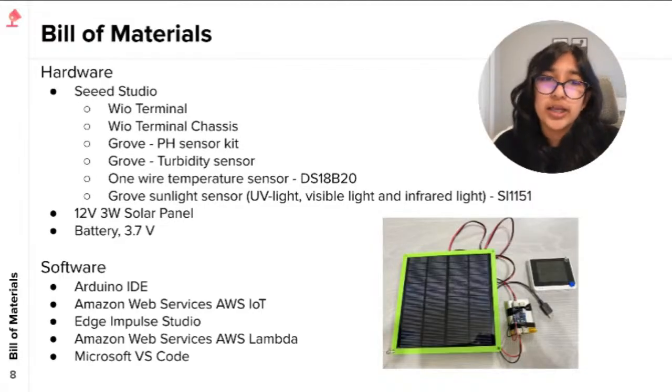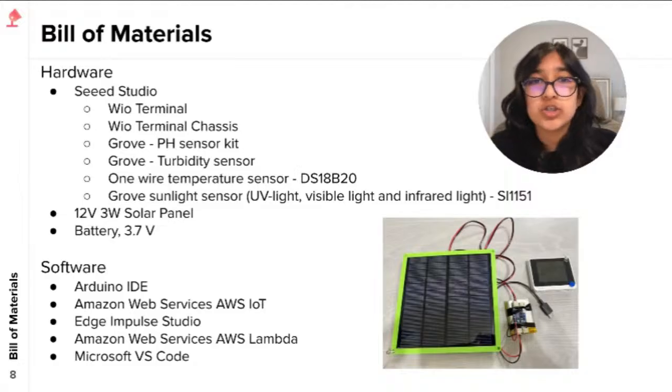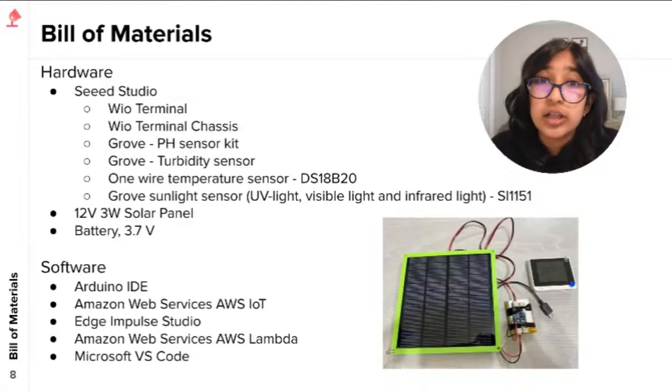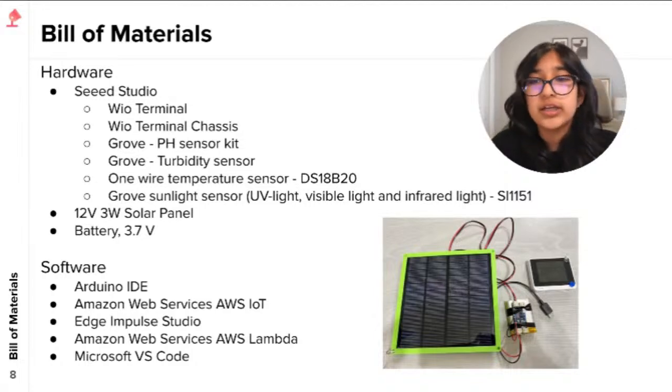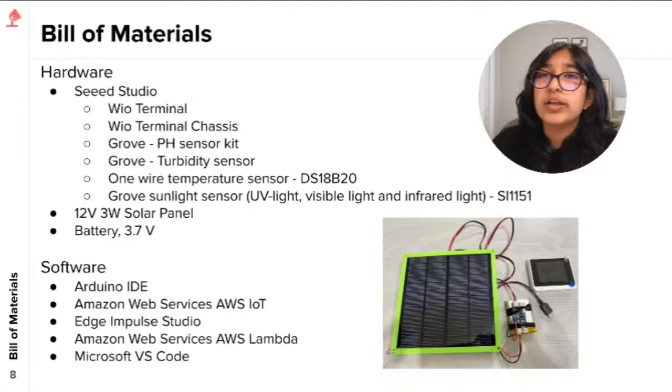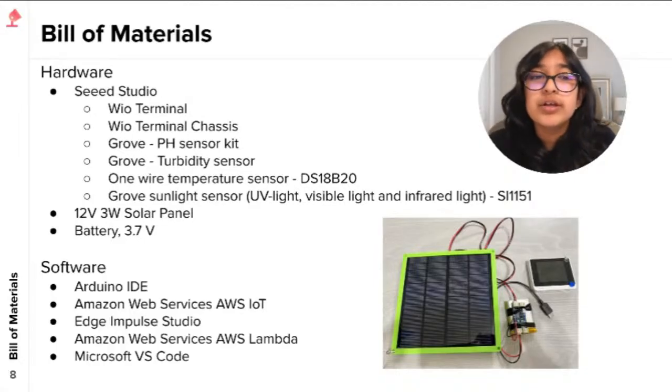The sunlight sensor goes hand in hand with my turbidity sensor because in case it's cloudy out, the turbidity sensor measures the clarity of the water, so it makes sure that if it's actually sunny out, it's not just reading it as cloudy. And the solar panel and battery let it keep charge while on the water, which would be ideal when it's running in real time.